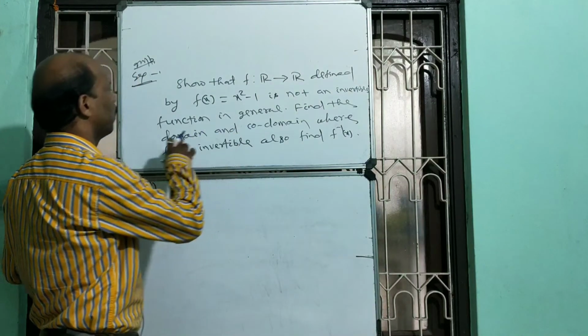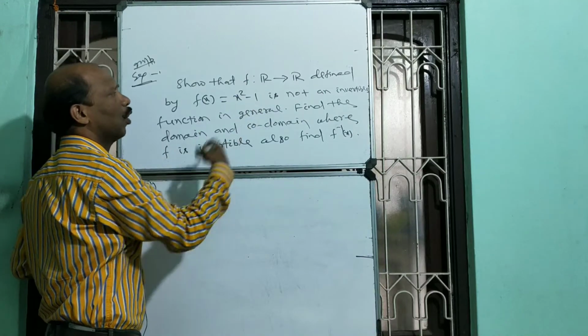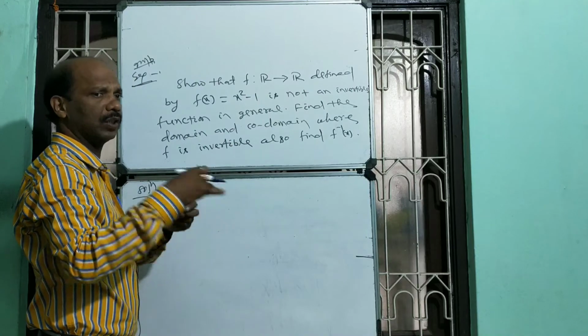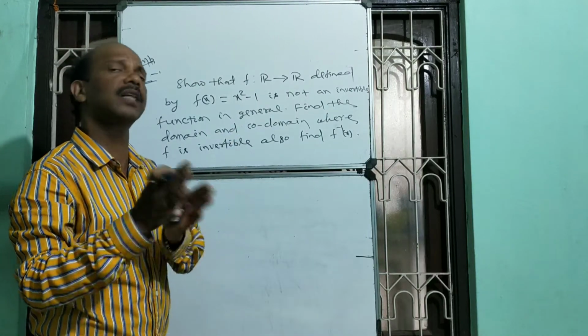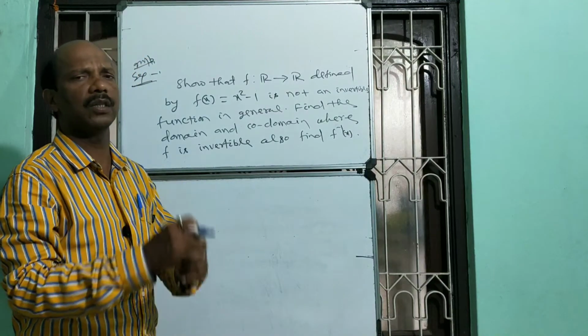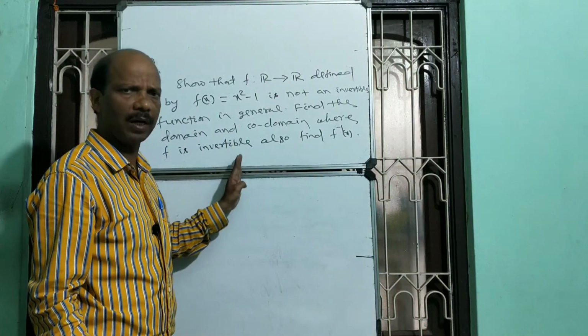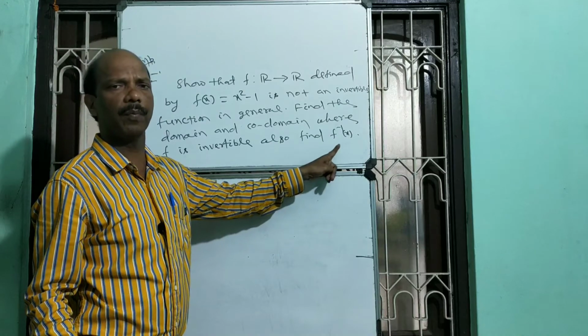Then you have to decide for which domain it is injective and for which codomain it is surjective, that means for which domain and codomain the function is both injective and surjective. That means the function is bijective, which implies that the function is invertible. We have to find that domain and codomain. After that, we have to find f inverse x.